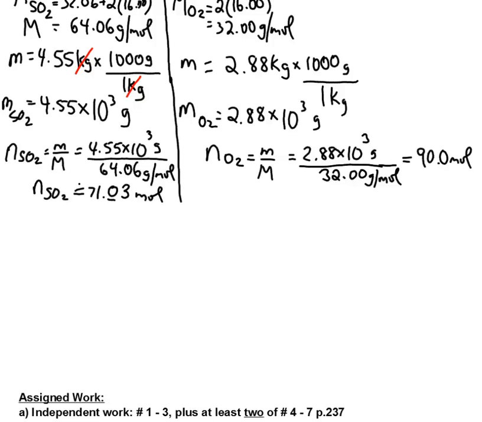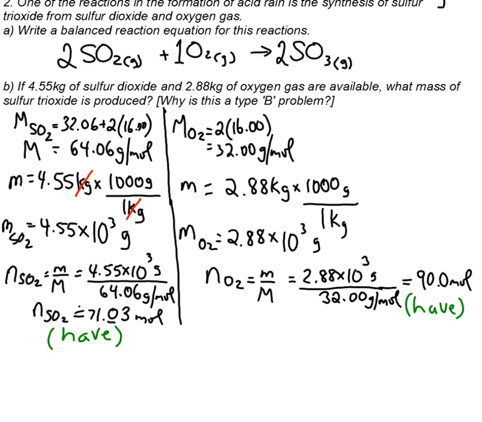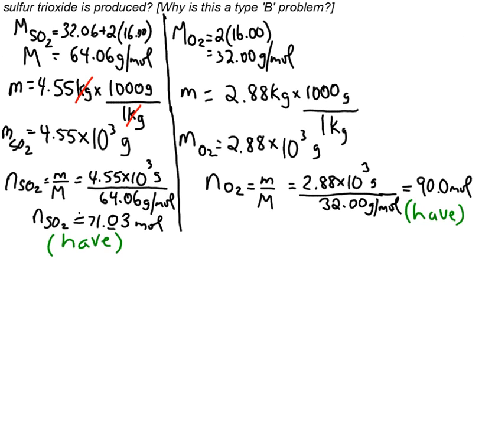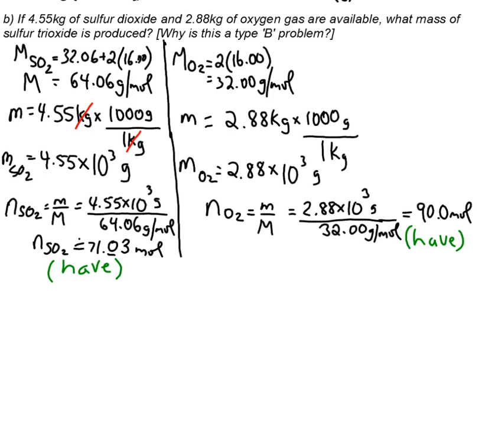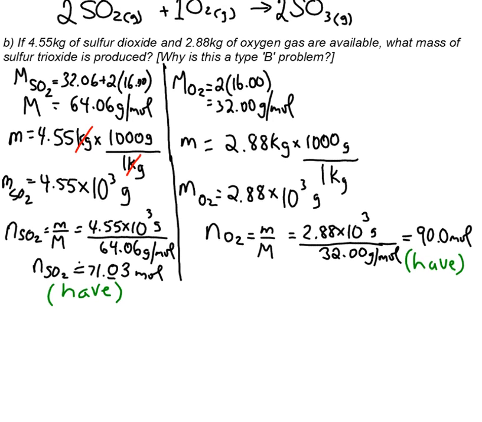So now I'm going to compare what I have to what I need. Remind yourself that this is an amount that's available, so this is what you have. It's a have versus need. The balanced reaction equation has 2 parts to 1 part. So if we go from oxygen to sulfur dioxide, we need twice as much.